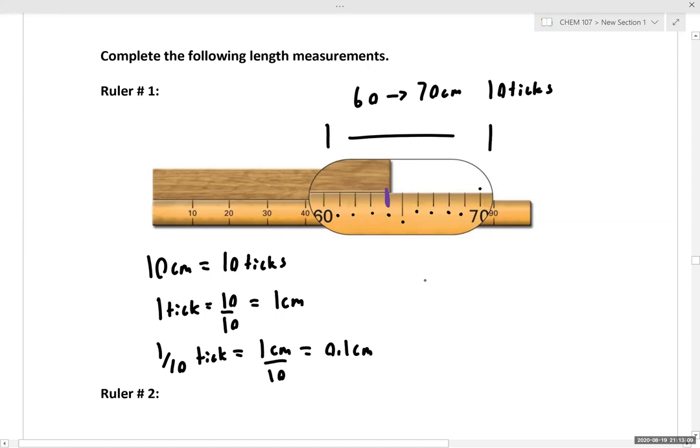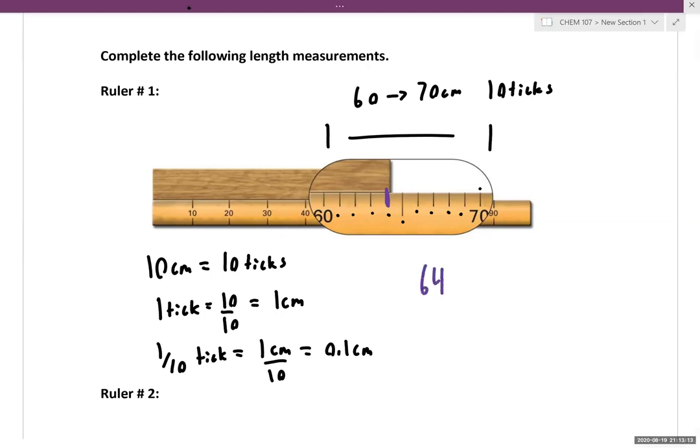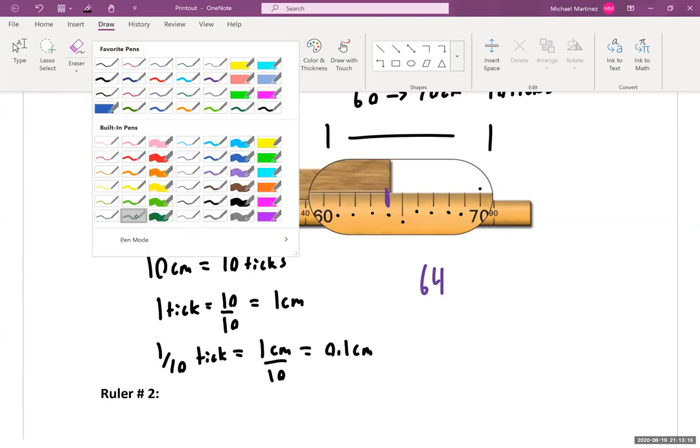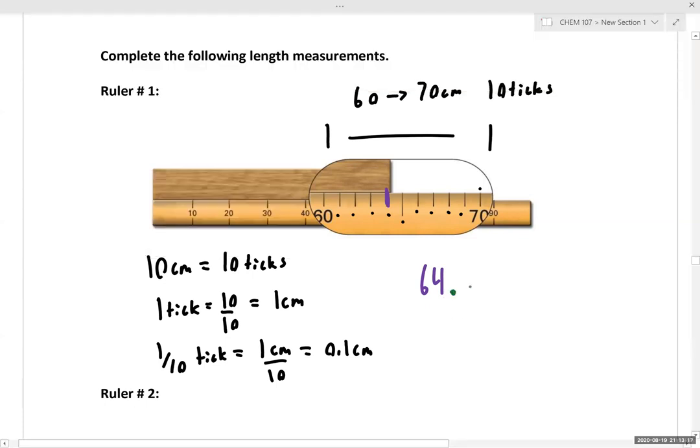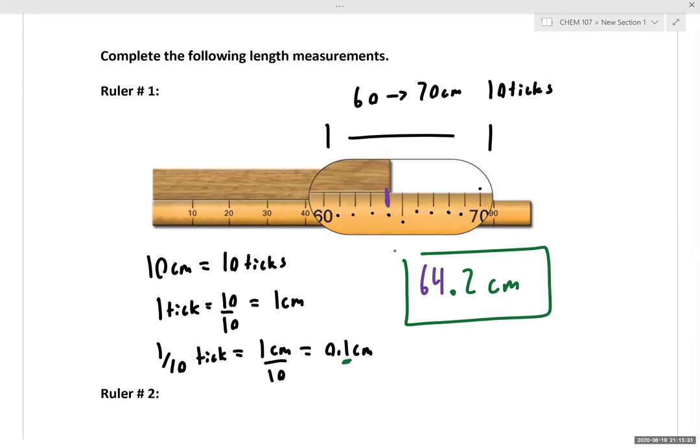We're past the 64 centimeter mark. So we report 64 as our certain digits, and then we estimate one other decimal place in the 10th place. So this would be 64.2 centimeters. Does this make sense to everyone so far?